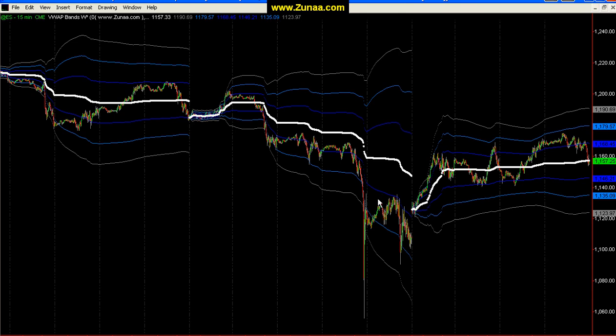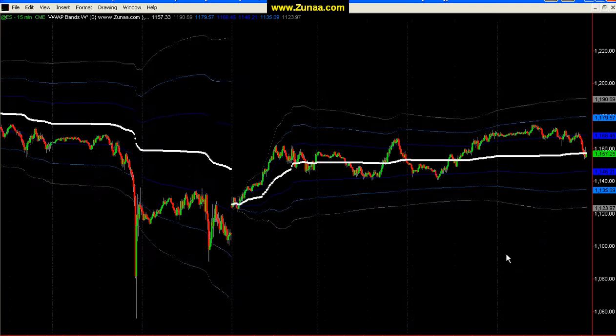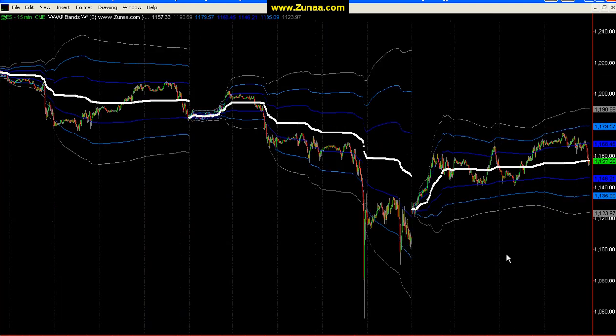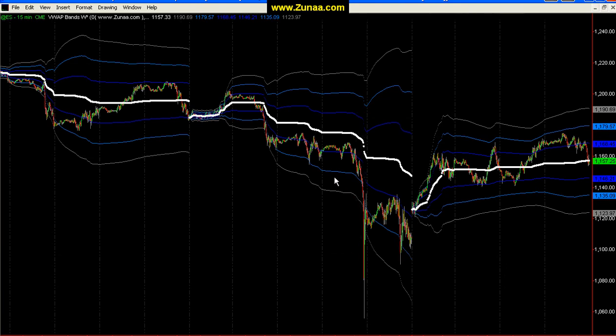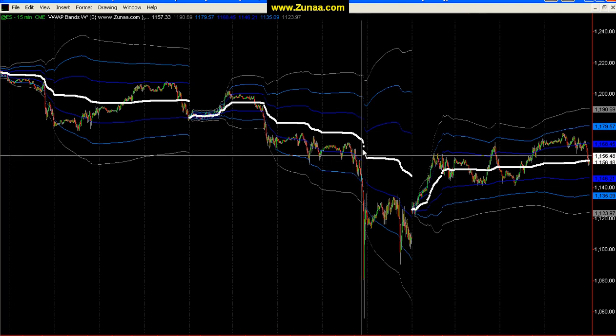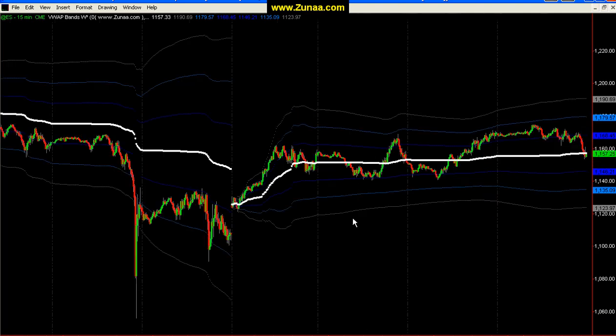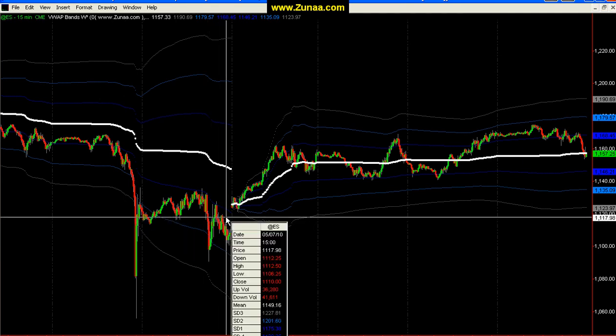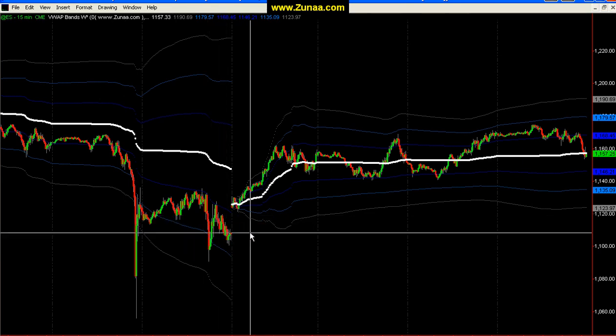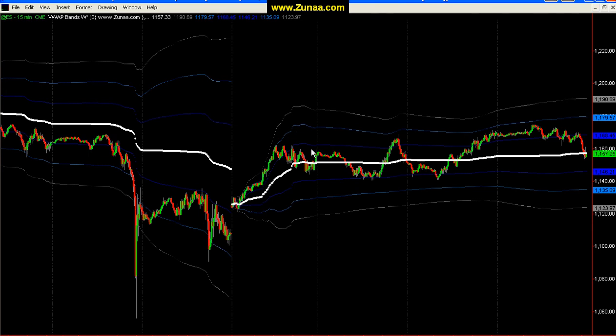So if you do decide to show the bands, this is what it would look like. Normally, if you're used to seeing the daily one, you would see a daily plot with the bands. This one is giving you the bands of the entire week. So let's take a look at the current week. You guys remember last Thursday we had that major expansion of volatility in index futures, and then everything calmed down the next day, and we got some news over the weekend, and the markets gapped up and have been consolidating.